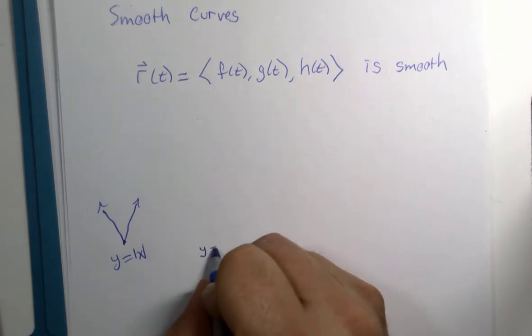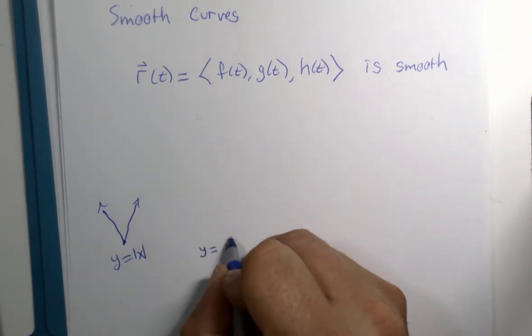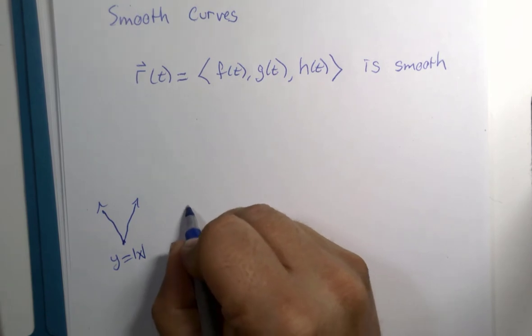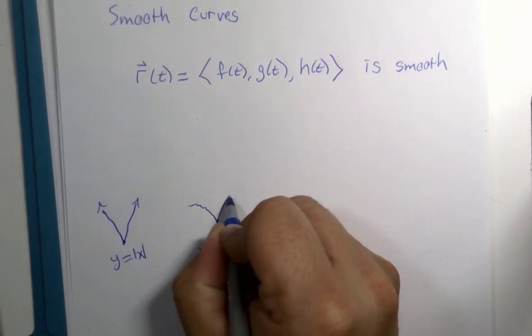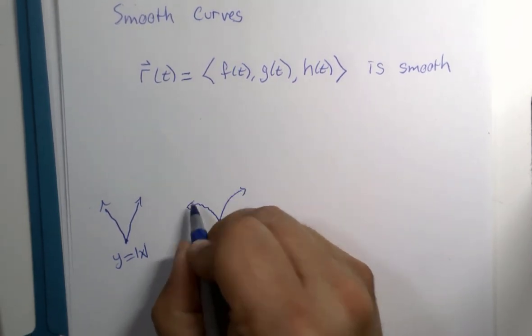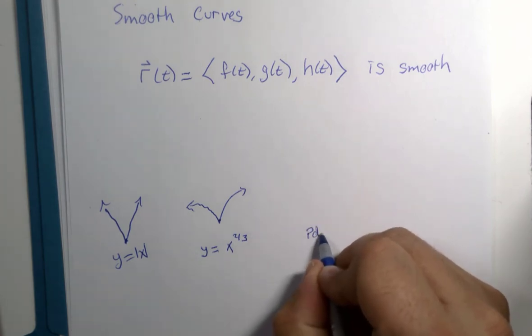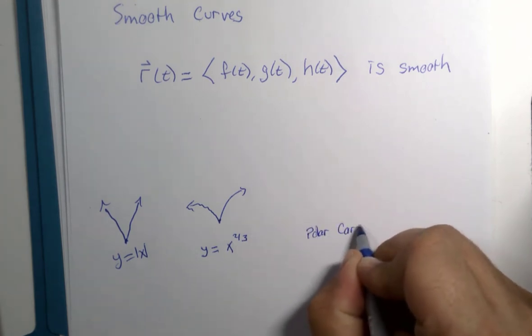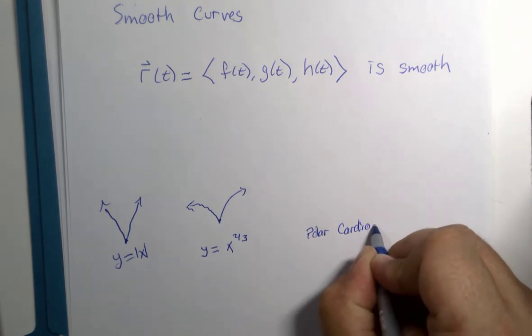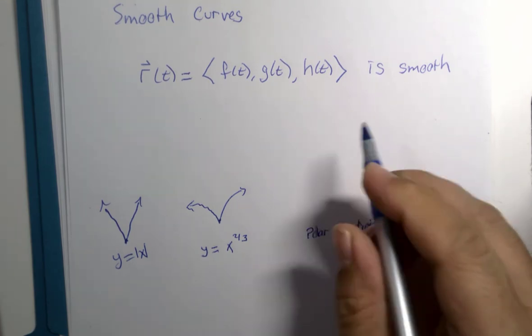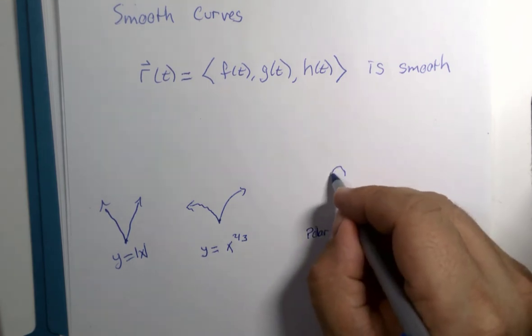There was a graph y equals x to the 2/3 power, looks something like this. There are many graphs in polar. So in polar, we have the cardioid. There we go.